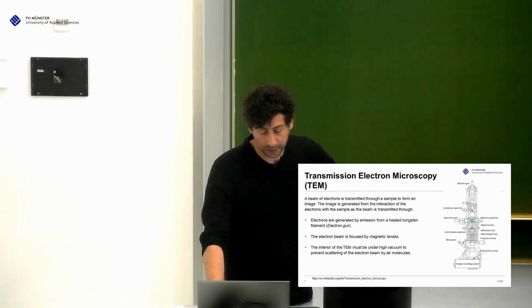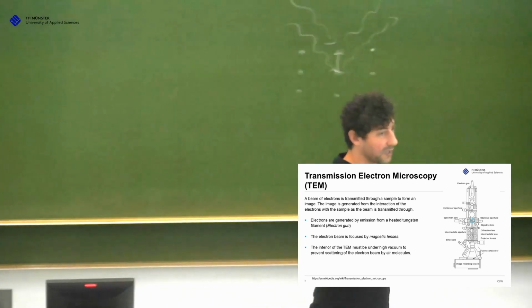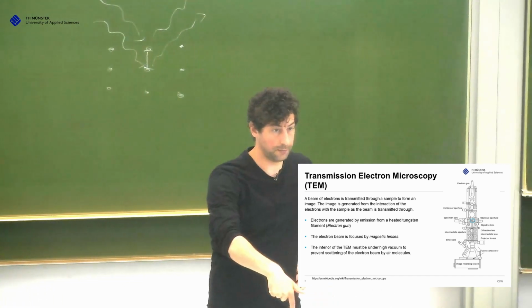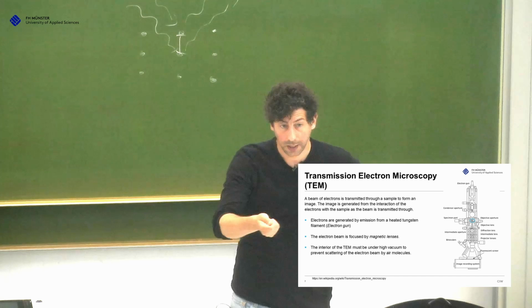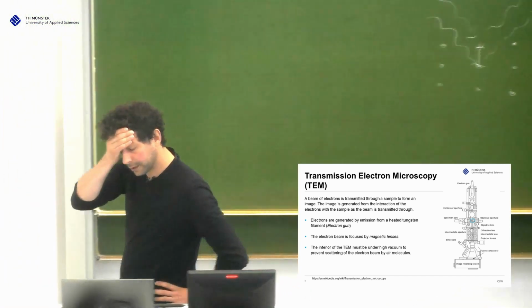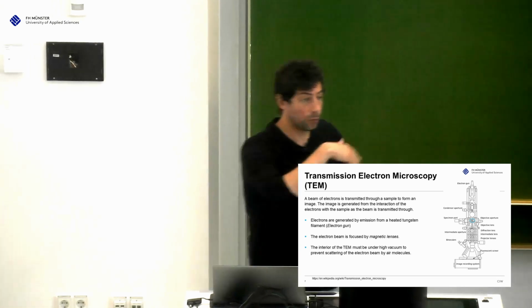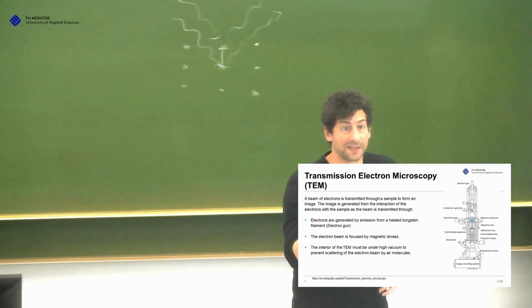So you have here the generation of the electrons, and in the middle you put your sample, because the electrons go through your sample. And this is why you get this very high resolution. It has also to do with the de Broglie wavelength. So the resolution you get depends on the wavelength of your light. This is why an optical microscope is limited, right?